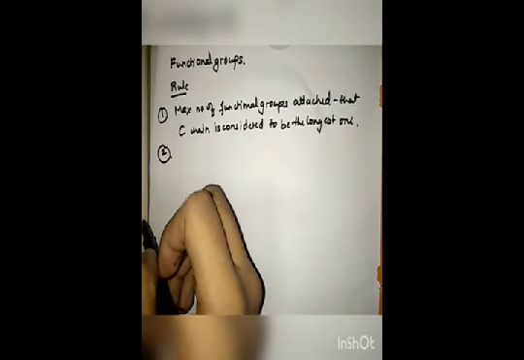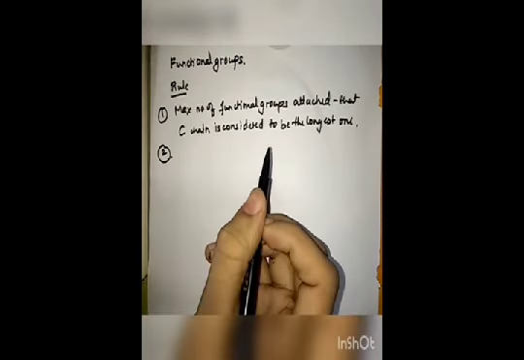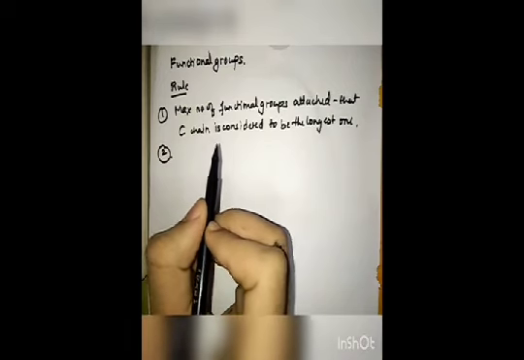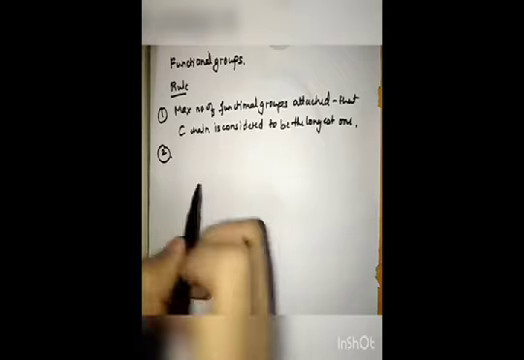The second rule which we'll be following here is, the carbon atoms should be numbered so that the functional group will get the lowest locant, or the carbon to which the functional group is attached gets the lowest number.